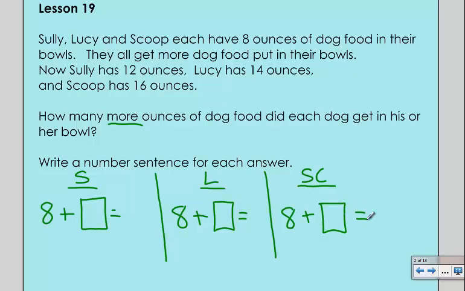And Sully ends up with 12, so that's going to be his total. Lucy ends up with 14, so that's going to be her total. And Scoop ends up with 16, so that's going to be her total. And I need to figure out what the missing addend is in each of these problems.